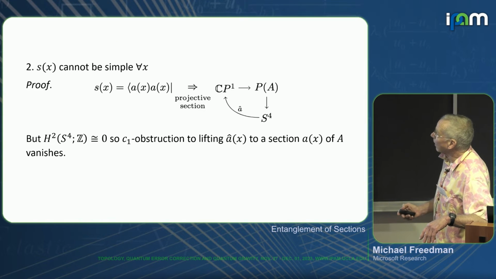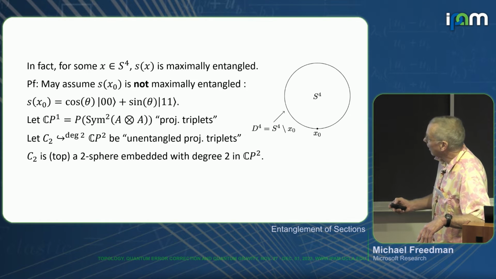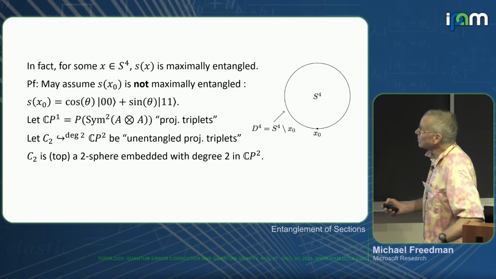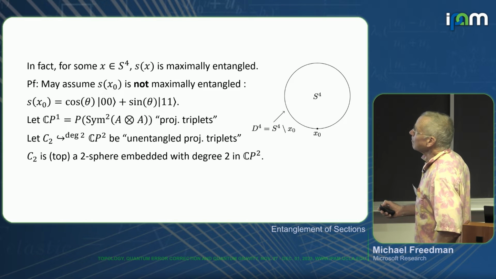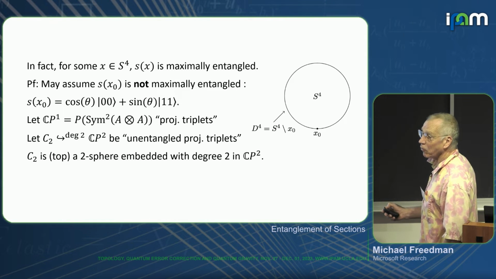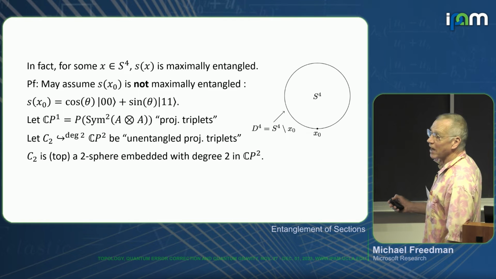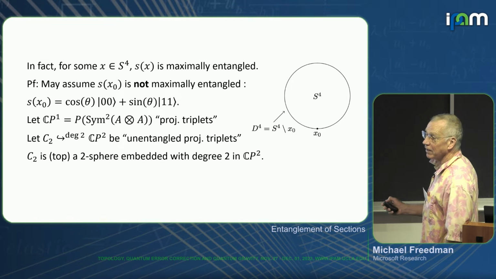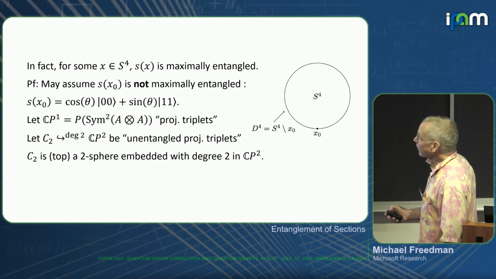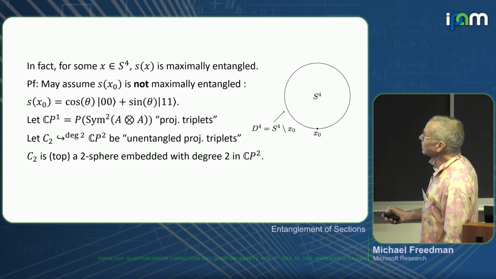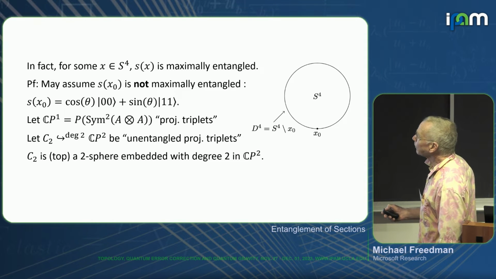Well, but there's a stronger statement. In fact, it must be that for some point on the 4 sphere, this section is maximally entangled. So let's prove this. Let's assume that the entanglement entropy does not reach the maximum possible value at any point on the sphere.